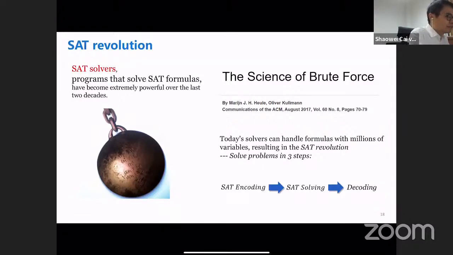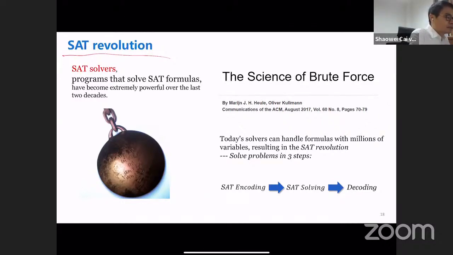So the SAT revolution is about using SAT solvers as an oracle to tackle the hard problems in other fields, for example, in physics, in mathematics, in hardware design.